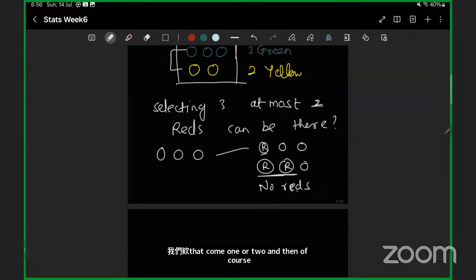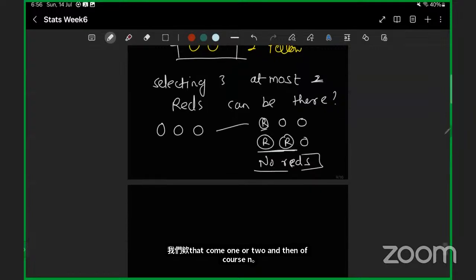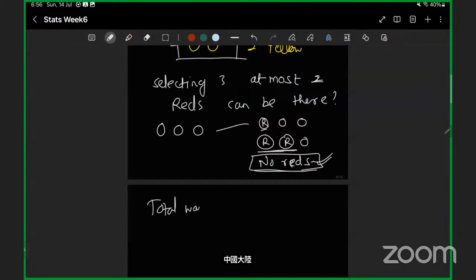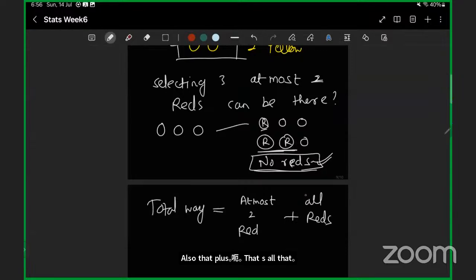So in this case, if I go and find this directly, it is going to be difficult. So again I'll do total minus the opposite case: at most two reds equals total minus all reds, because all reds is the opposite of this.